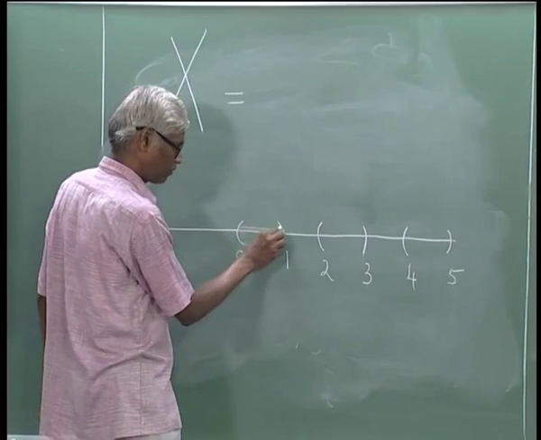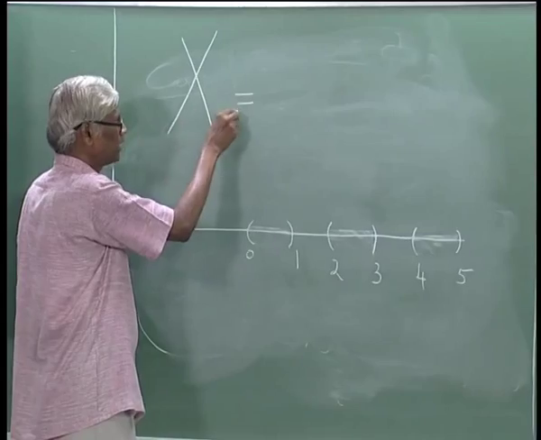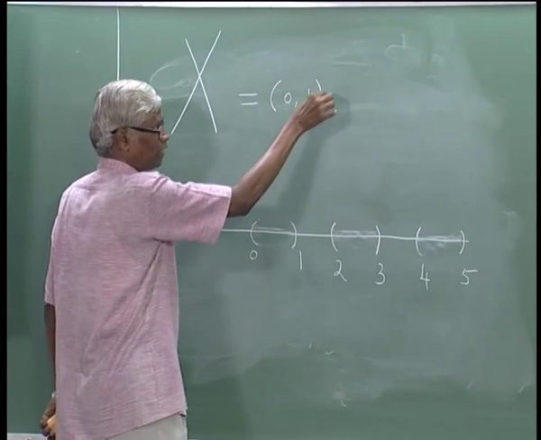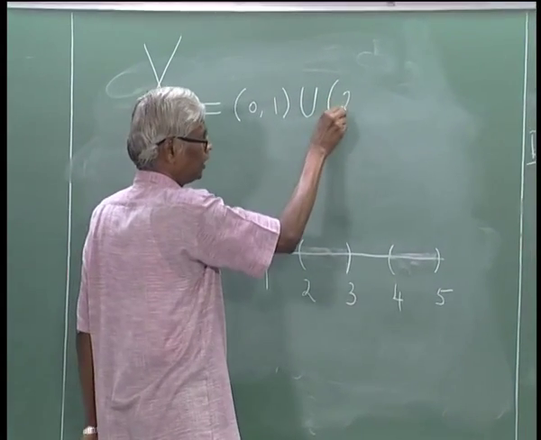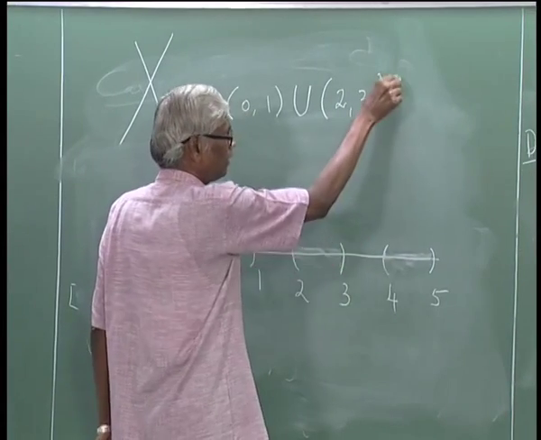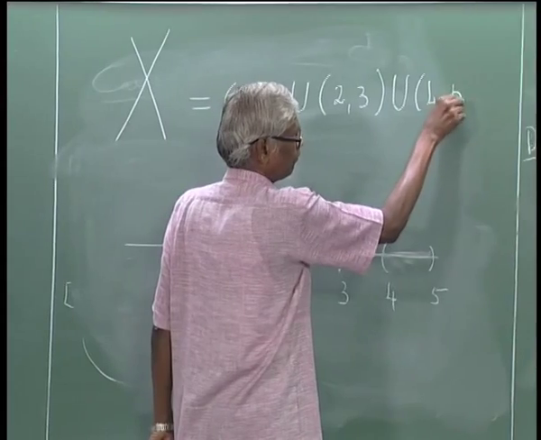The union of all these three sets forms X, that is, (0, 1) union (2, 3) union (4, 5).